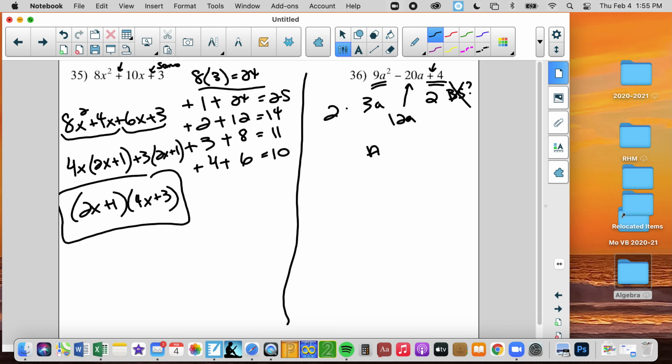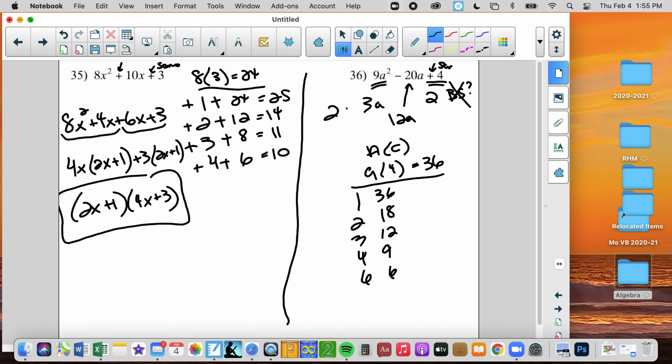So I just got to go back to a times c, which is 9 times 4, which equals 36. Factors of 36: 1 and 36, 2 and 18, 3 and 12, 4 and 9, 6 and 6. Signs are the same, and they're both negative.